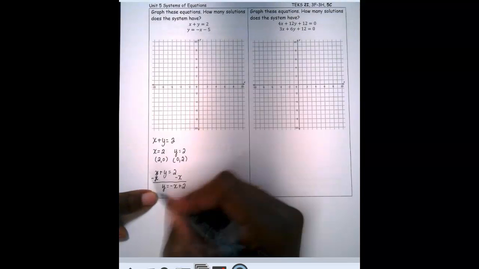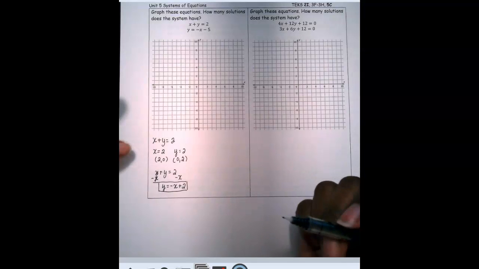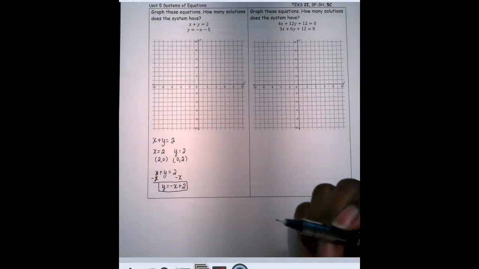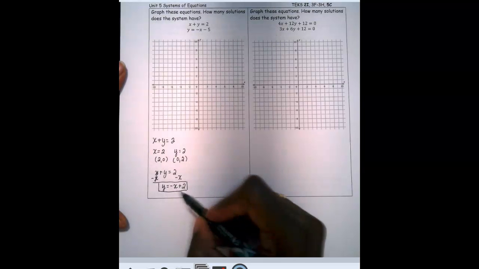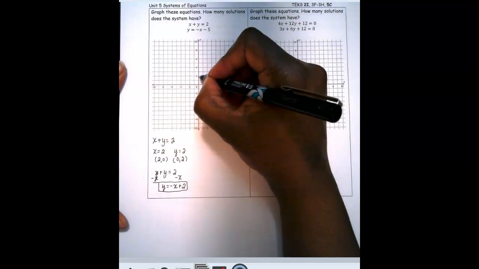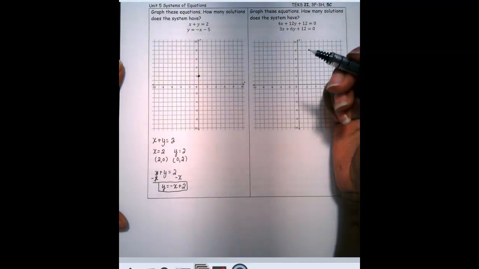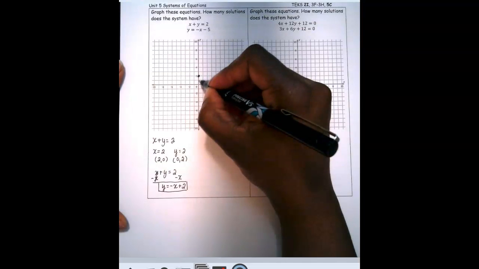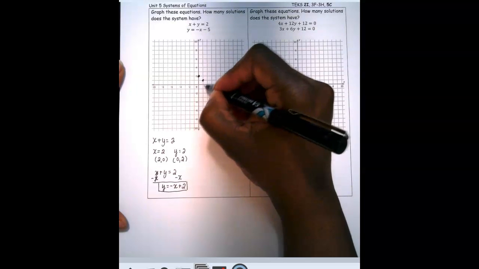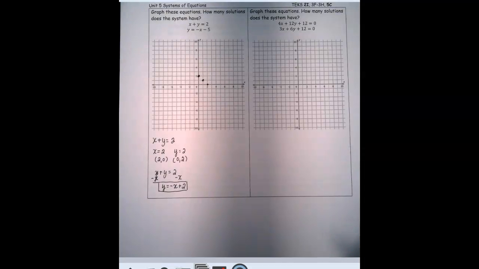Now, I'm going to go ahead and use this because I want you to see that when you use standard form and you look at the intercept, the line is going to be exactly the same. So I've got y is equal to negative x plus 2. So I'm going to go ahead and put my first point at 2. And then I know I go down 1 and to the right, down 1 and to the right. As I'm going to grab something to make this line straight.